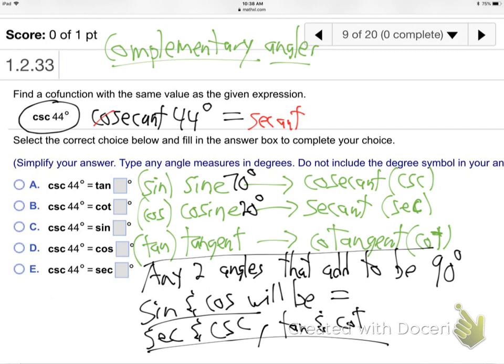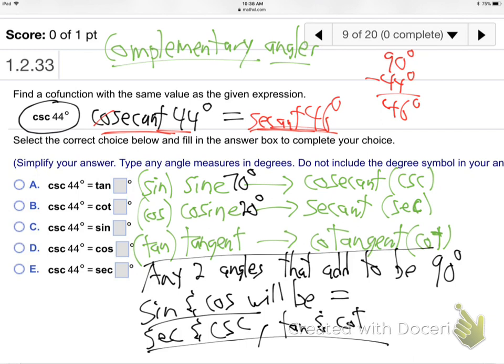You subtract 90 minus 44, because you have to make them total 90. What is that, 46? So the secant of 46 will be the same as the cosecant of 44, because they total 90. That's what it means with a trig function and its co. If two angles total 90, they'll be equal.